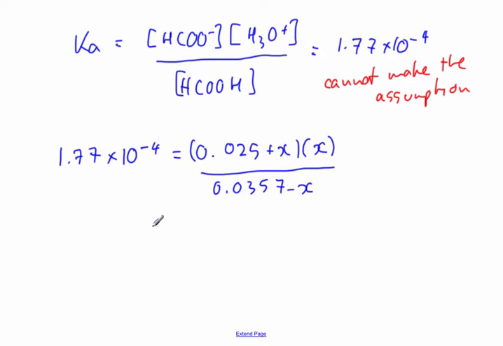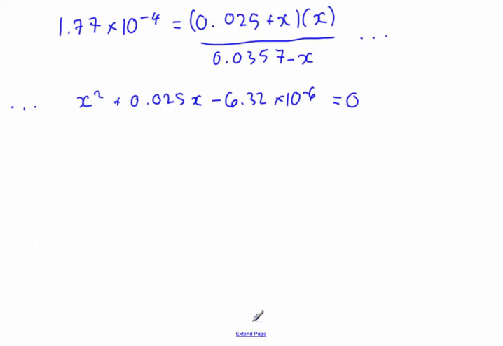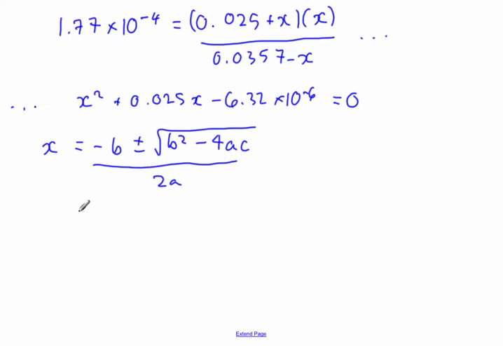And I'll just remind you, I don't show the full proof, but you do need to be careful when you find your quadratic equation firstly. And secondly, you have to be careful when you're solving using the quadratic formula.